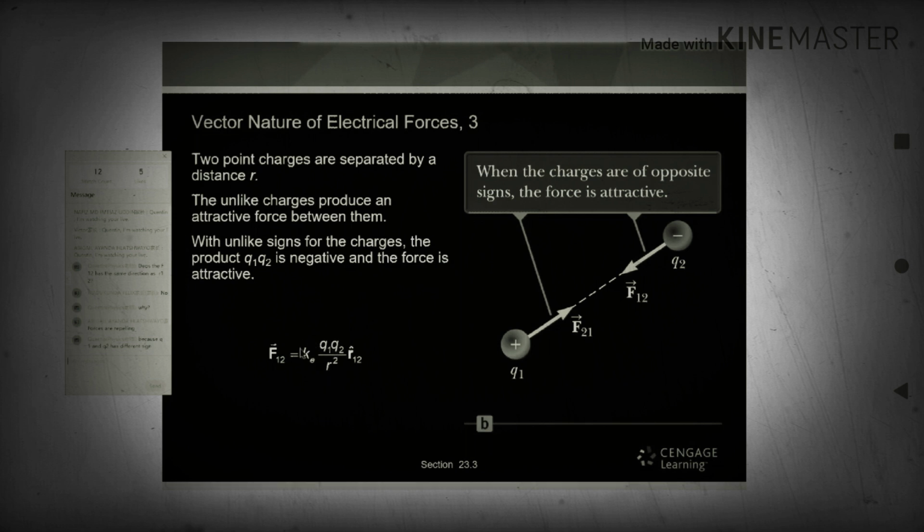So the magnitude here has the negative sign, which means F12 has the opposite direction to R12.